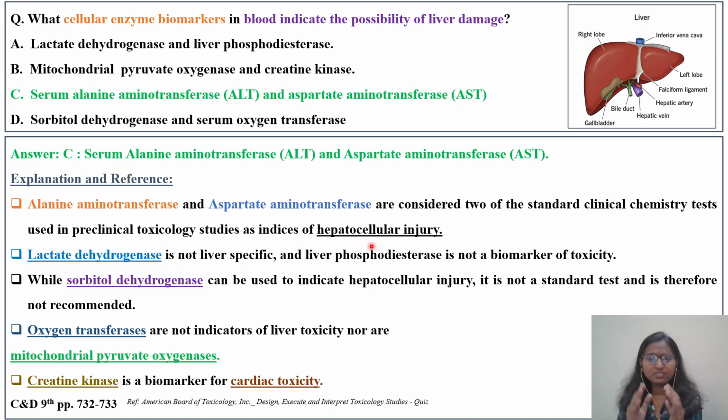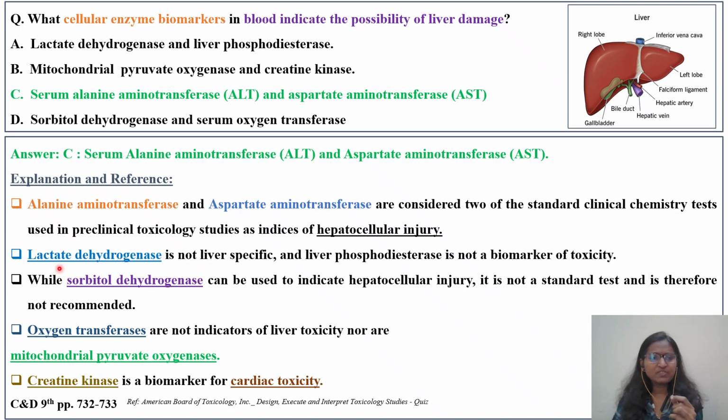So whenever there is a liver damage, these two clinical chemistry parameters, ALT and AST, are the important indices for identifying if there is any liver injury or not. Next, let us see what other options A, B, and D refer to and what they are used for. From this question, we'll also learn about the other options, why they are right or not.